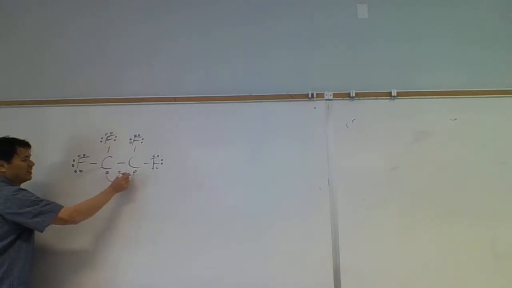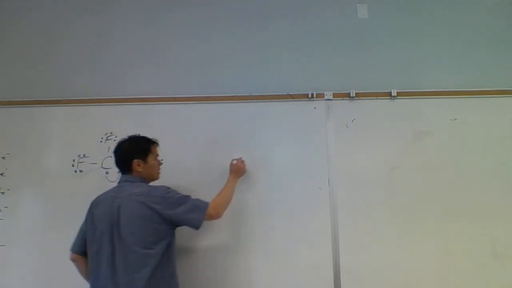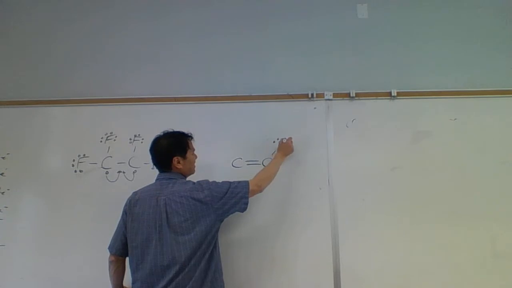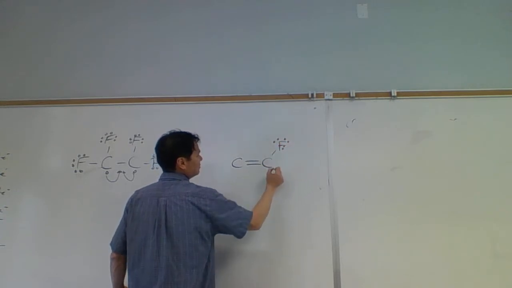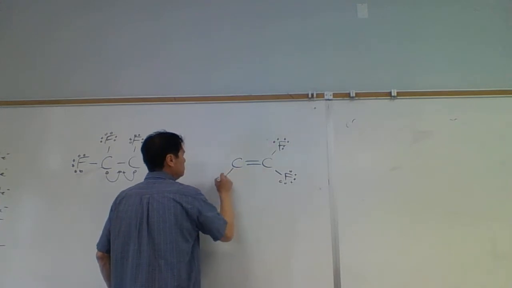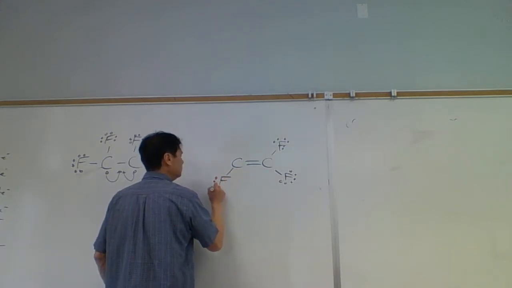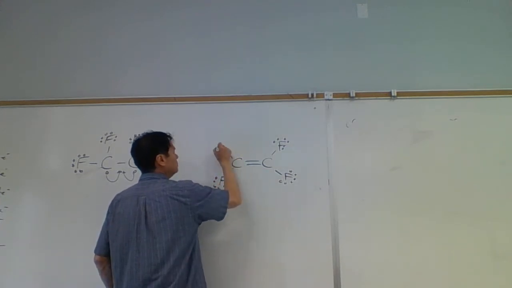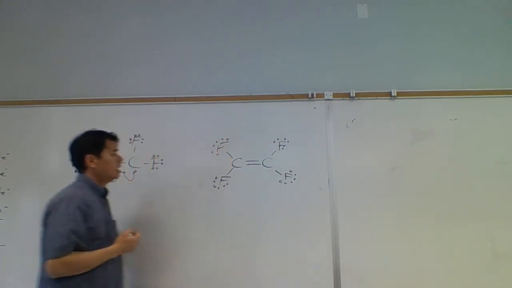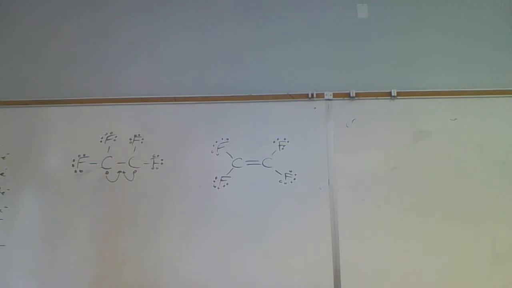Just make a double bond here. So it's going to look like this. And let's throw in the fluorines in here. All right, so this is the structure. We've used all 36 electrons here.